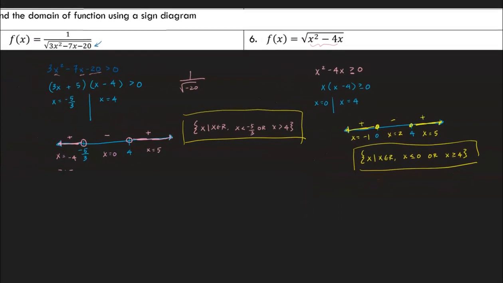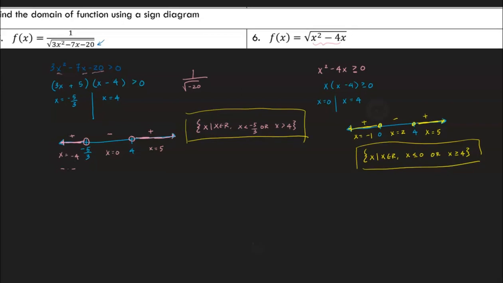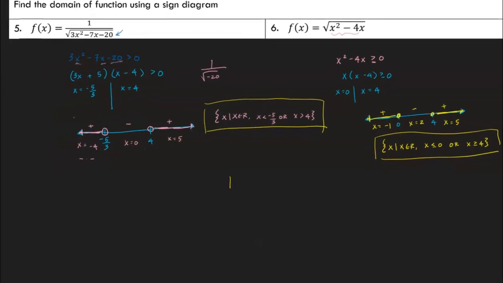One of the, I don't really like tricks. I want you to actually think about how you got this. But if you have a radicand in the denominator, and you need to find the domain, just remember, whatever this radicand is, the domain of it, it has to be greater than 0.